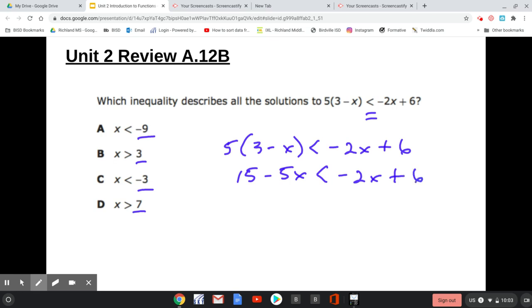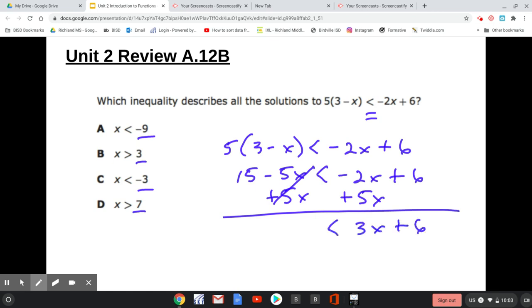So I'm going to move this negative 5x over here, so we're not dealing with the negative. And that's going to give me 3x plus 6. And then we have a 15 over here. So I need to move the 6 over. That's going to give me 3x is greater than 9.